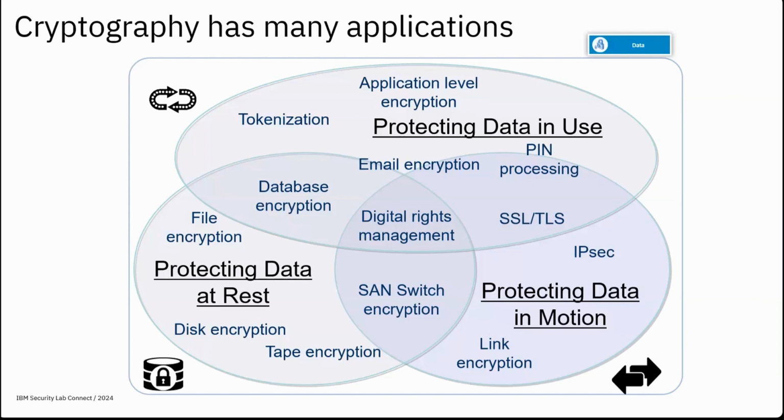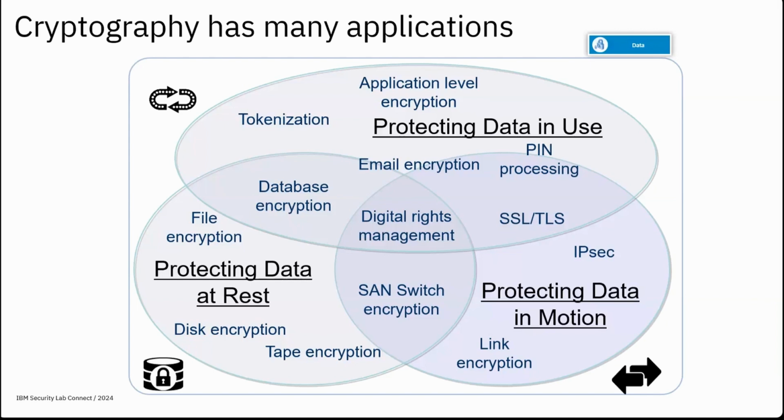Data in use is the data that is being used by the applications, and applications normally use their own mechanisms to encrypt the data when it is being served or when it is being used for editing. The common example of data in use being encrypted is tokenization, where you tokenize, let's say, the credit card information, or your Aadhaar information is tokenized when it is being used for the purpose of verification or validation.